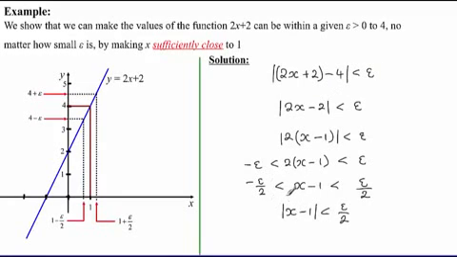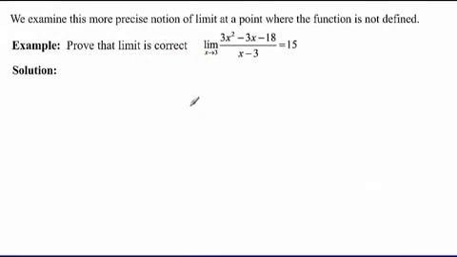So this kind of discussion takes us to a more precise definition of a limit. Before we get to the definition of the limit, we're first of all going to look at a situation whereby we're looking at a limit of a rational function where this rational function is actually not defined.